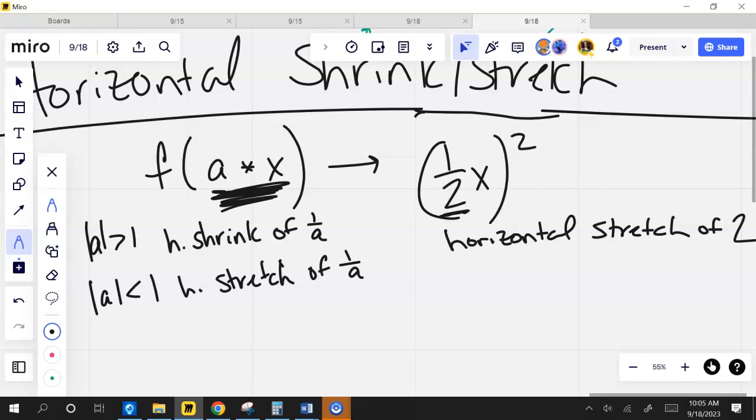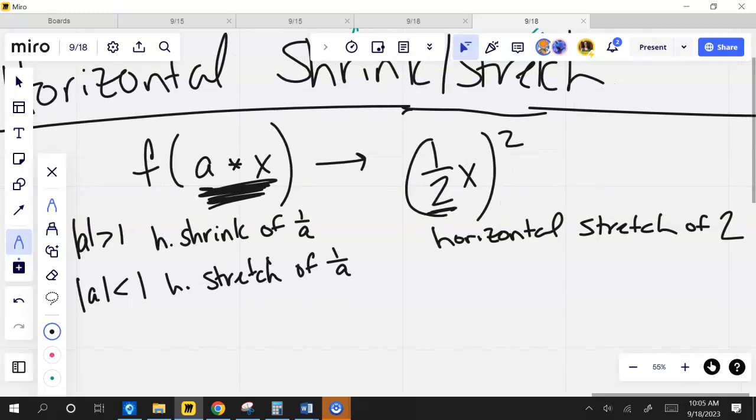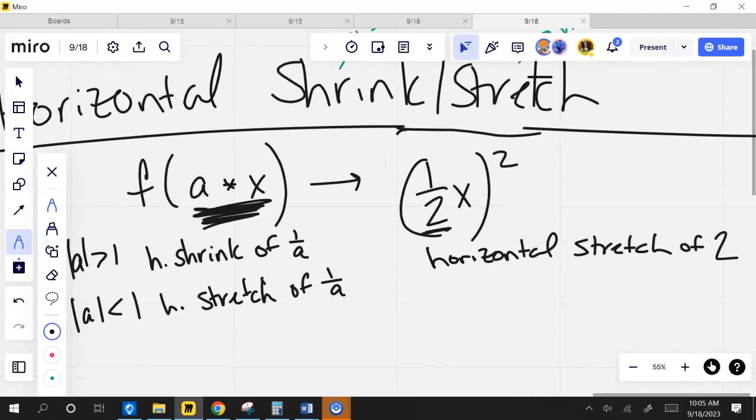For this example here, it's the flip of it. We'll do several examples, I'll show you. So here, A is 1/2, right? So if A is 1/2, then 1 over A would be the flip of A, so it's 2.